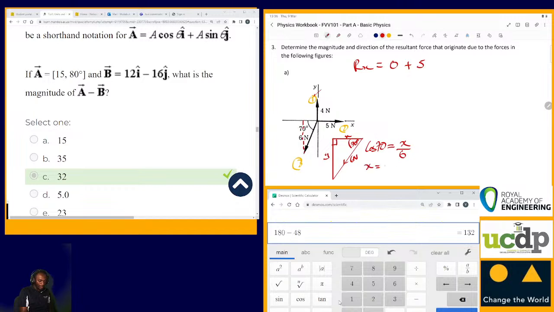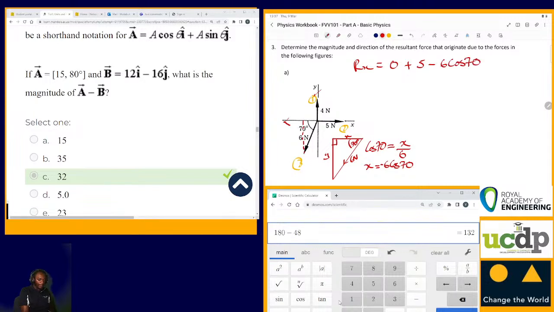So our x is 6 cos 70. The component of 6 newtons in the x direction is going to be negative, because we are on the negative x-axis. So this becomes minus 6 cos 70.